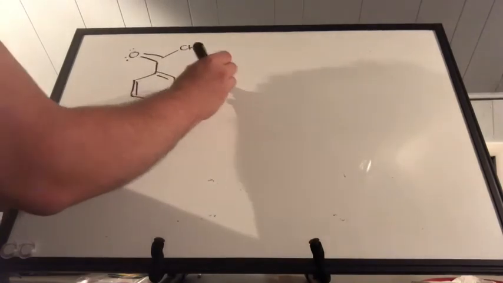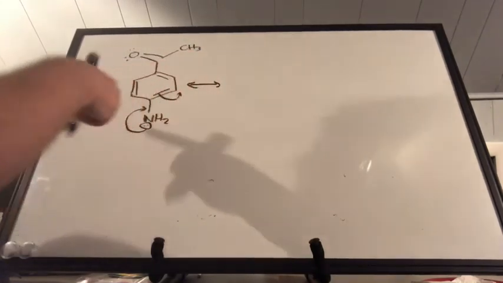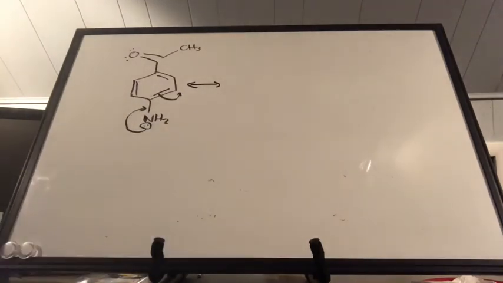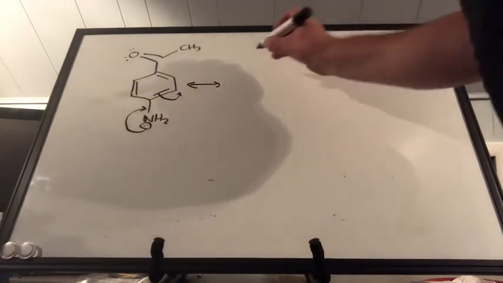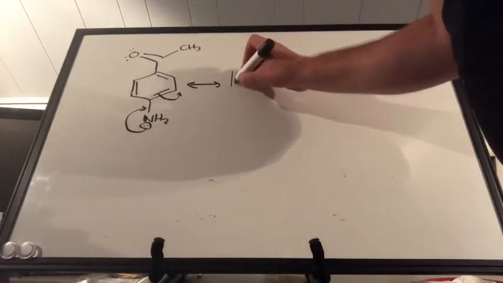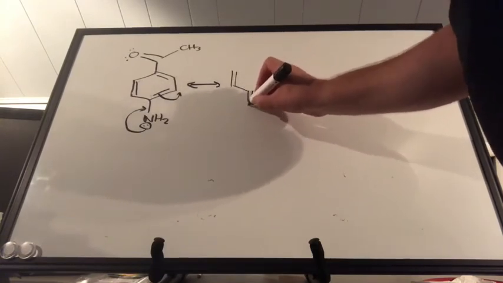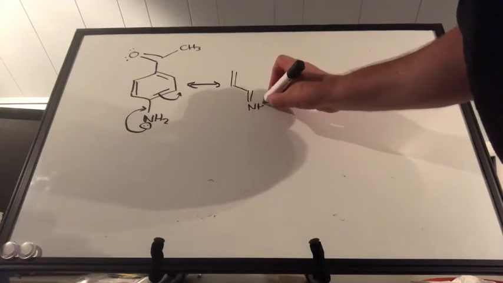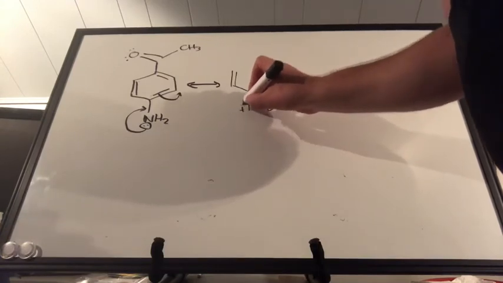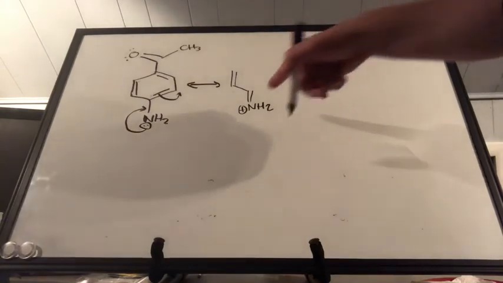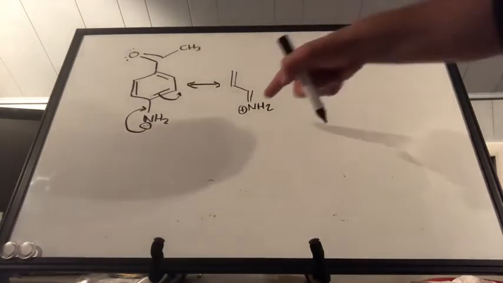What I'm doing here is satisfying the octet about all of the nuclei that I'm affecting, and this is what is going to generate what is referred to as charge separation. That nitrogen is now going to be positively charged because it has 4 bonds about it.